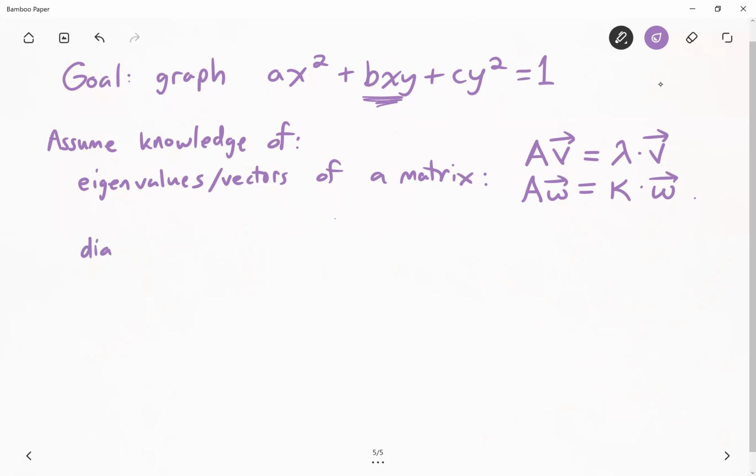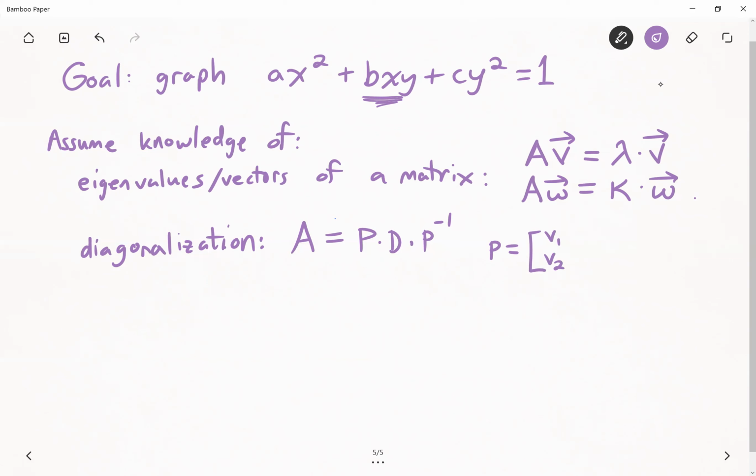We'll also need to know a little bit about diagonalization. Right, if you are able to find enough eigenvectors and eigenvalues for your matrix, you can write the matrix A in the form P times D times P inverse, where P is the matrix whose columns are eigenvectors.